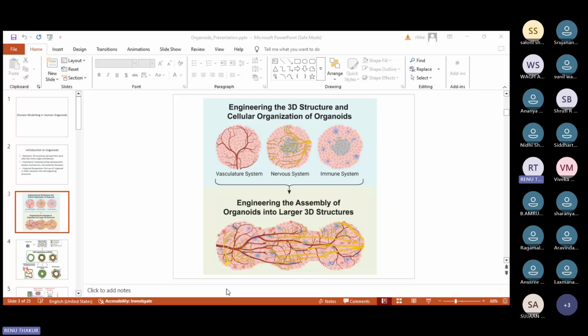Basically, till now we were discussing a particular cell which we extract from a particular organ. We are dealing with the brain cell, the heart cell, the kidney cell, or the cancerous cell, which we grow in a plate or in a flask with a particular media. So till now we were dealing with the 2D structure for disease modeling or for the discovery of any particular drug or compound.